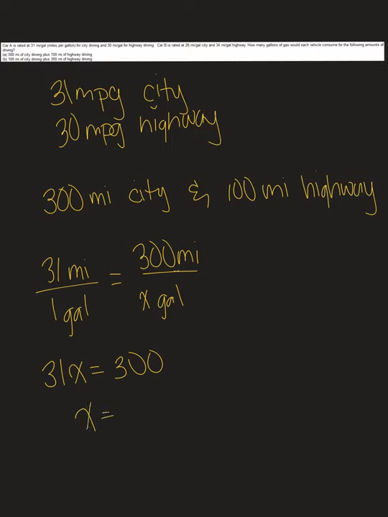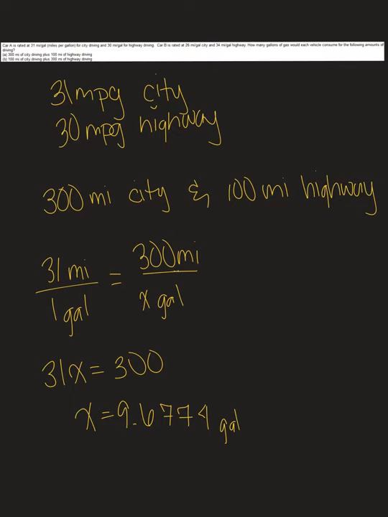And then you divide. Now be careful here because it says do not round until the final answer, and then you're going to round to the nearest tenth. So 300 divided by 31 gives you 9.6774. And this is gallons because that's what we were looking for.